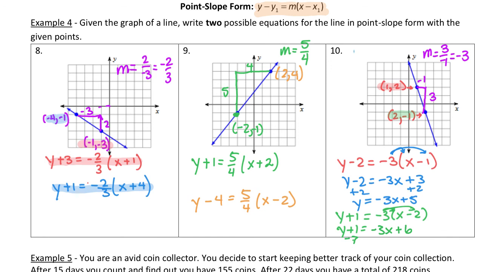When I subtract the 1 from both sides, I end up with y equals negative 3x plus 5. And notice these two equations are the same, and that proves that it doesn't matter which point I select to put in my point slope form, the final result will always be the same.